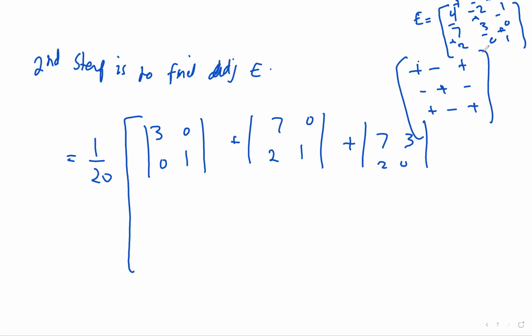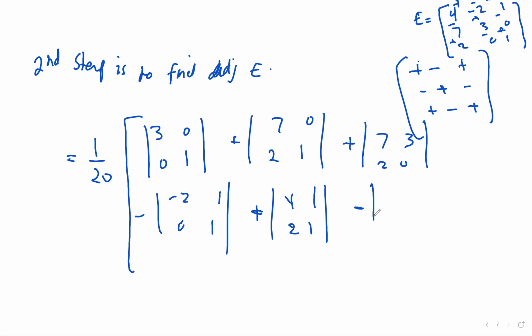And then by doing this, we have minus 2, 1, 0, 1, and then plus 4, 1, 2, 1, and then minus 4 minus 2, 2, 0.